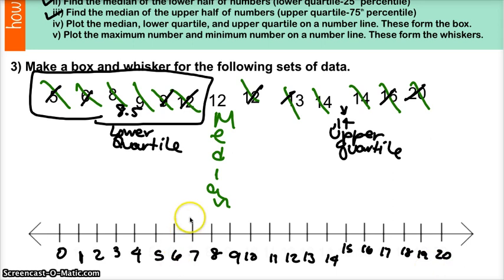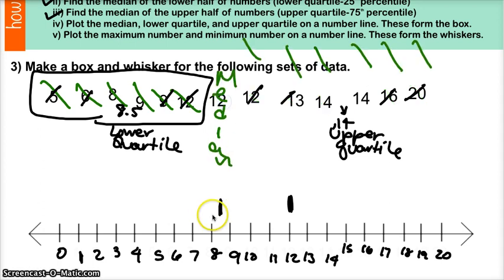All right, so I'm going to plot the median. So the median is right here. My lower quartile is 8.5. It's right here. Let me move that word median out of the way. The upper quartile is the 14, and this is going to form the box.